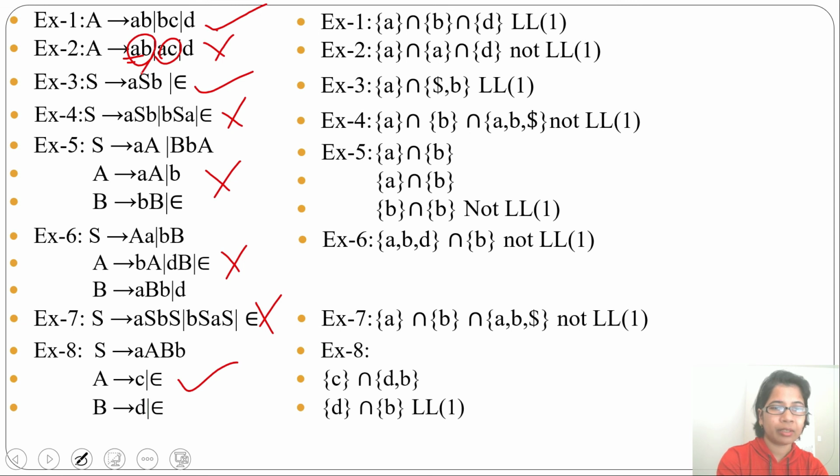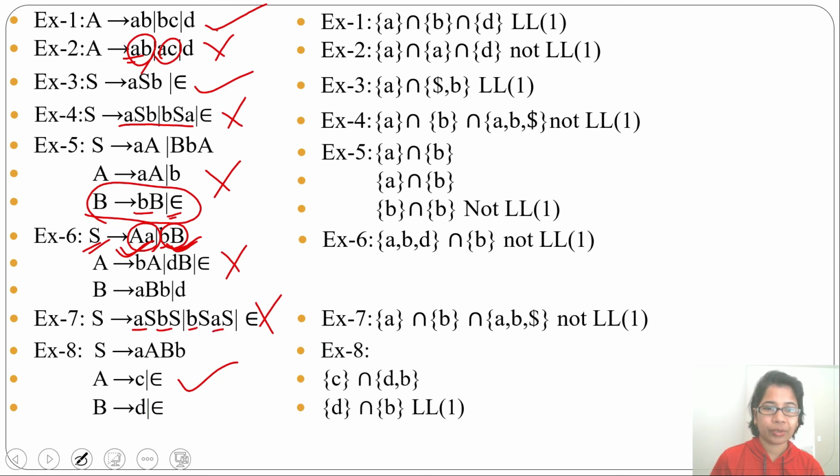This is not LL1 as first and follow contain the common elements A and B. This is not LL1 as first and follow both contain B. Then this is not LL1 as first of S is B due to this production plus due to this production. First of this is B, first of this is also B, B is common, so this is not LL1. Here first of S is A, B and follow of S is also A, B. That's why this is not LL1.